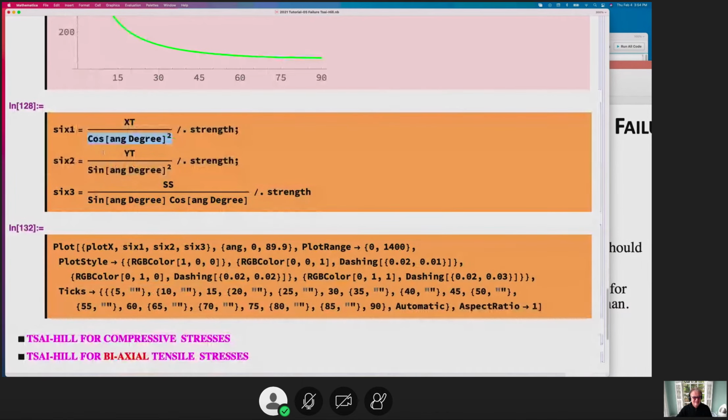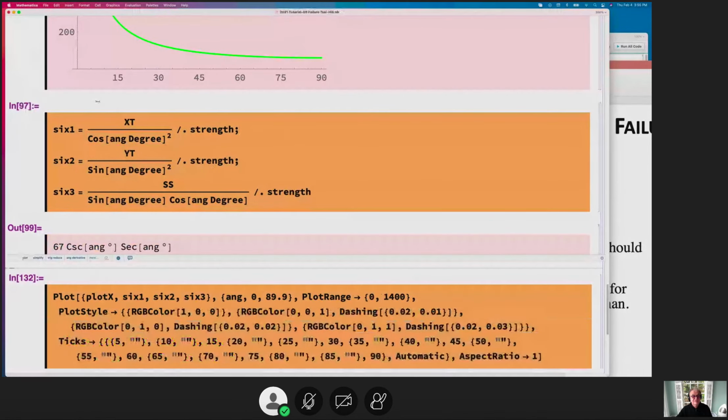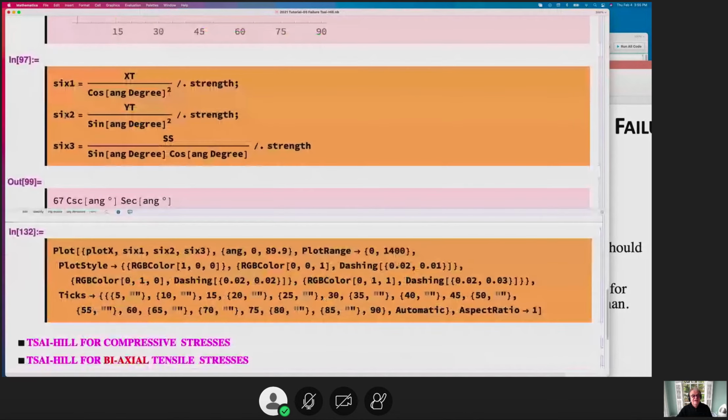These are stress allowables directly based on the stress failure along the fiber direction. So these are the allowable stresses, sigma 1, sigma 2, and sigma 3. This is due to fiber failure. This is due to matrix failure, and this is the shear failure.